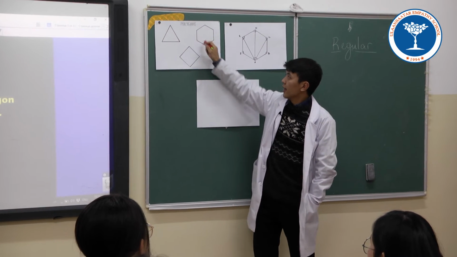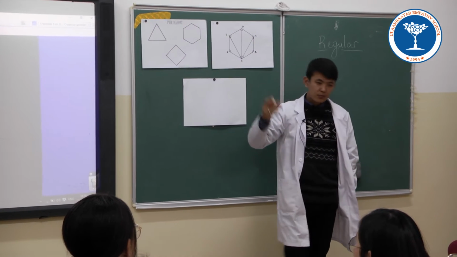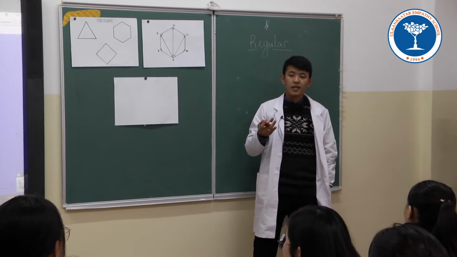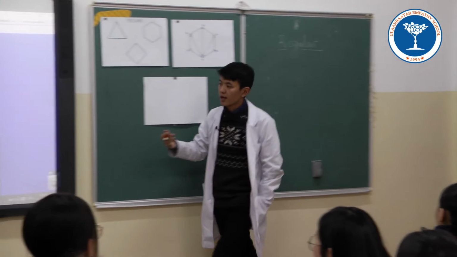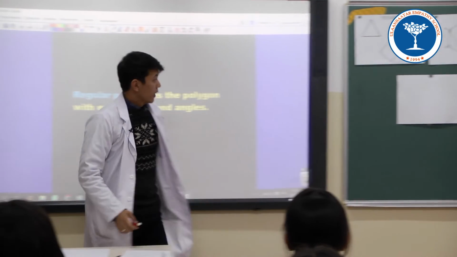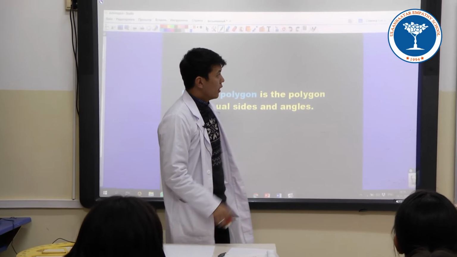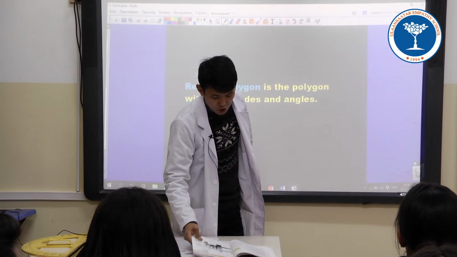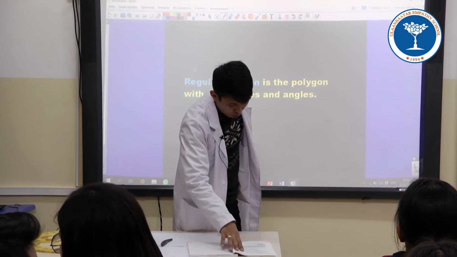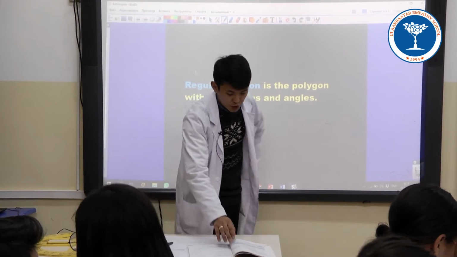Third has 6 sides, so it is a regular hexagon. After pentagon, it goes hexagon. Now, we are done with the definition of the regular polygon, yes? Open page 42.